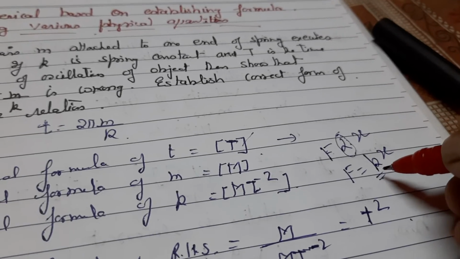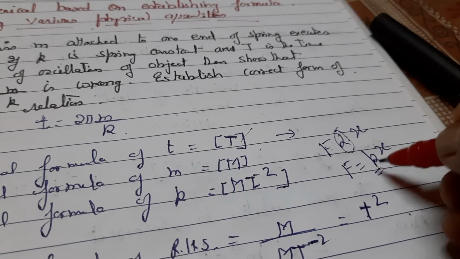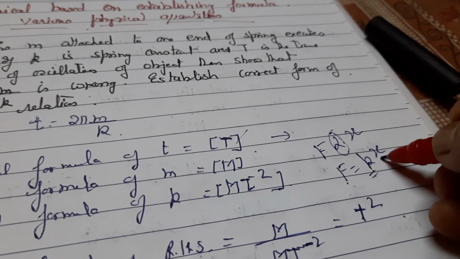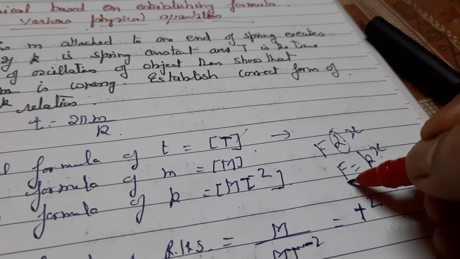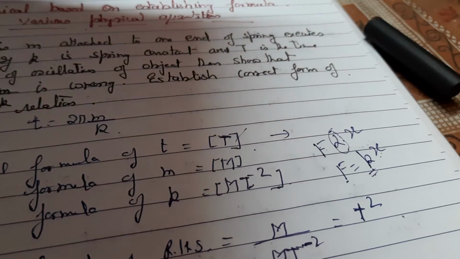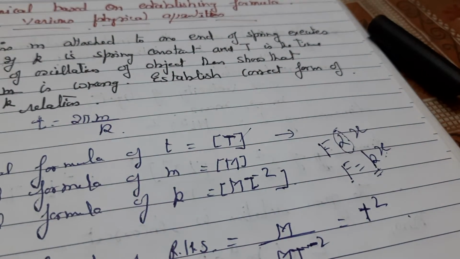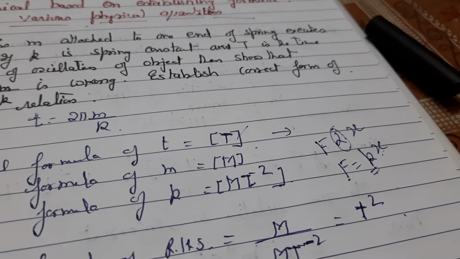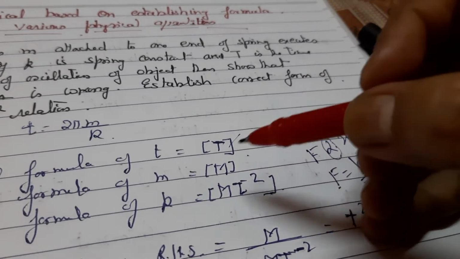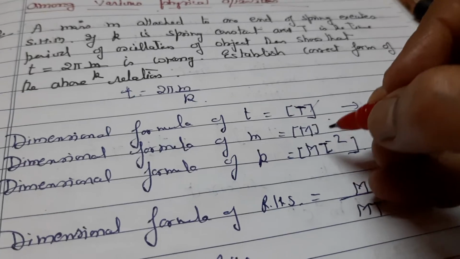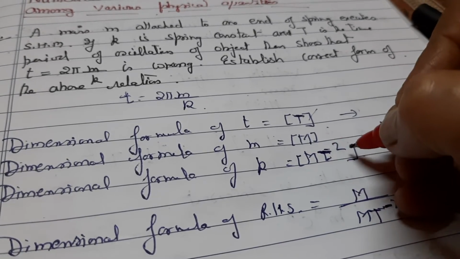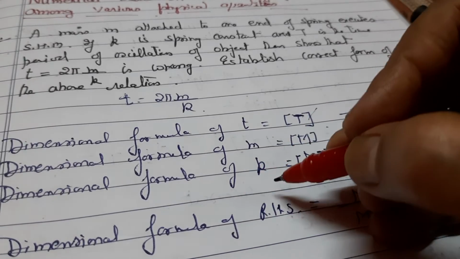So to find the dimension of k, we will check the dimensions of F and x, and dimension of F divided by x will give k. So we will get M L T to the power minus 2, force, divided by L. So L will cancel out, and M T to the power minus 2 is the dimension of k.